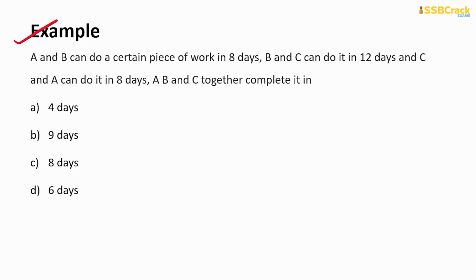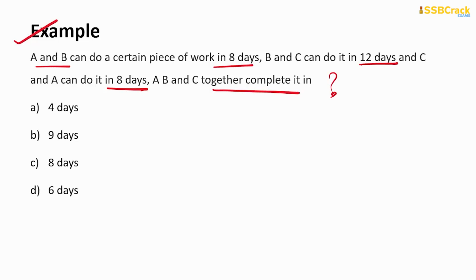So here is the example and it states that A and B can do a certain piece of work in 8 days, B and C can do it in 12 days and C and A can do it in 8 days. So A, B and C together can complete it in how many days?